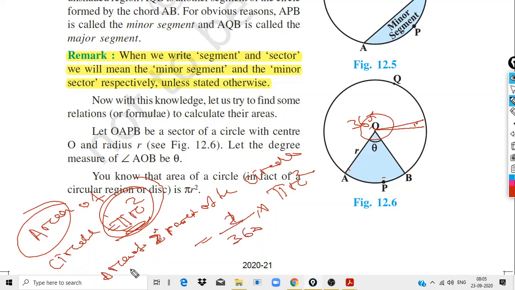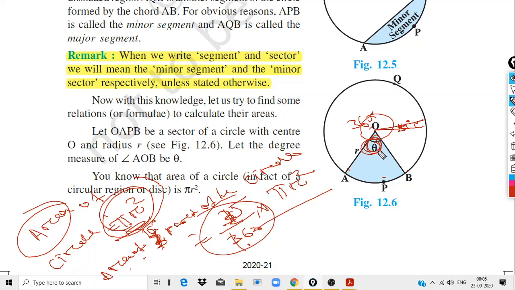The 3 degree part will be 3 by 360. You want to find the area of a sector whose angle is 15 degree, then it will be 15 by 360 into pi r square.